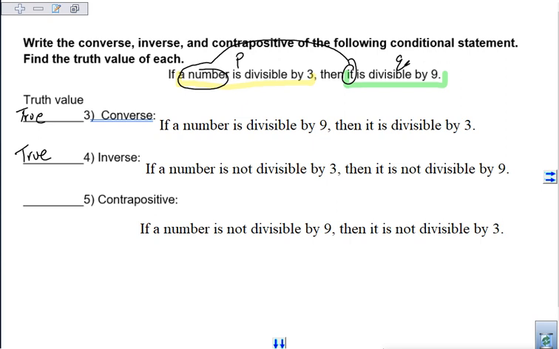Again, our contrapositive, if a number is not divisible by 9, then it is not divisible by 3. So let's say we had 12. 12 is not divisible by 9, but it is divisible by 3, so this statement is false.